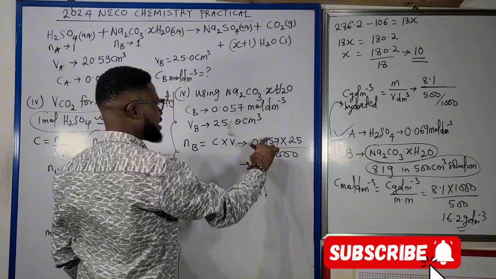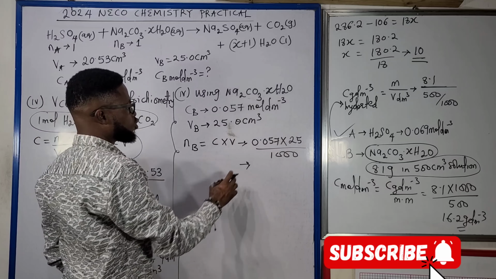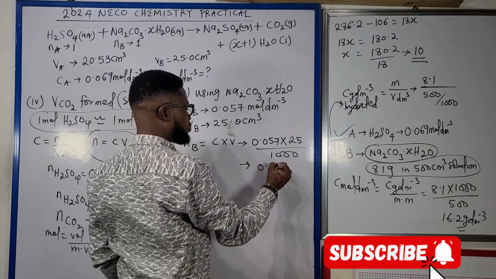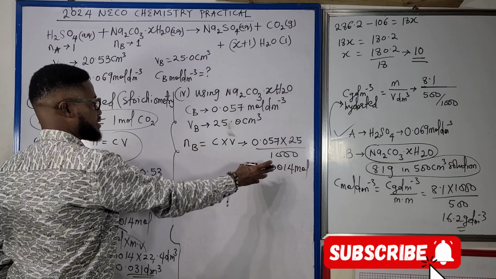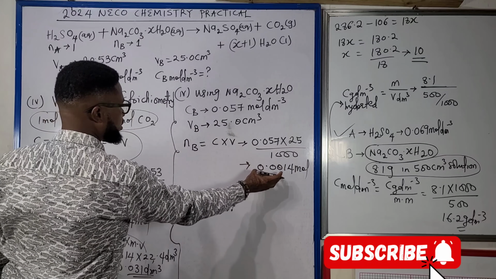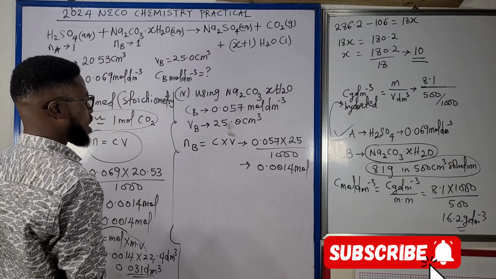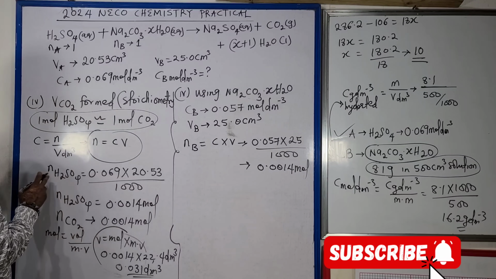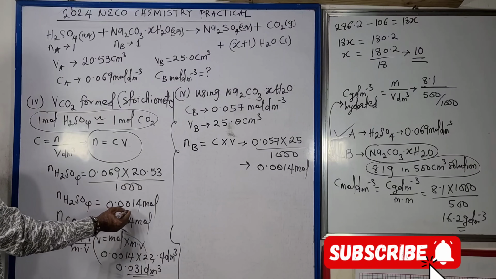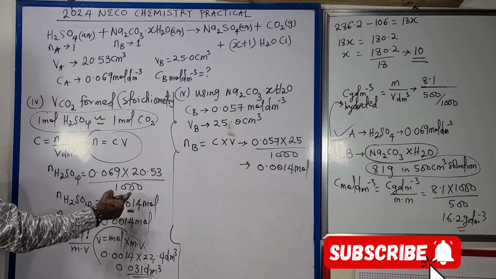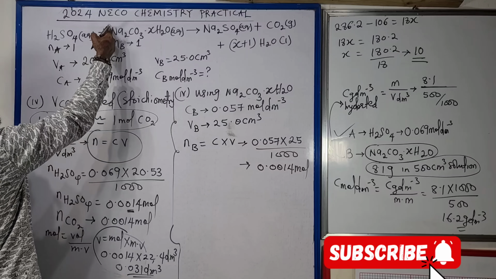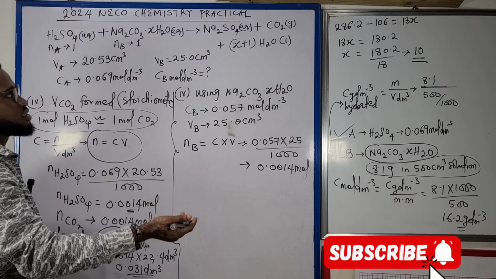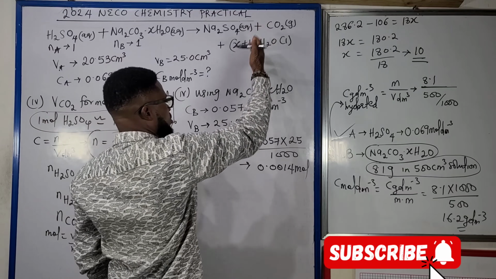So when we compute this, we would also get 0.0014 mole. Compare it. Number of moles of B is 0.0014. Number of moles of H2SO4 is also 0.0014 mole. Take note, this is 1, this is 1. So the number of moles will be the same.